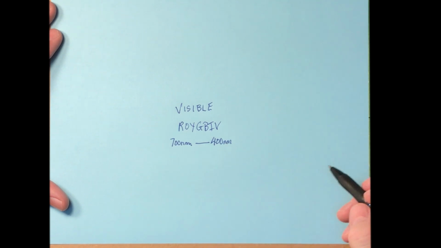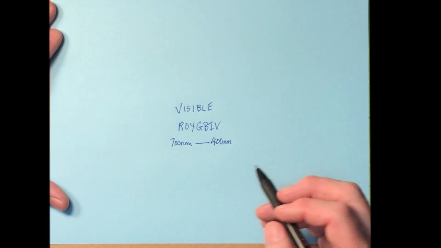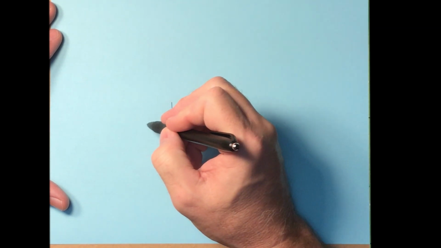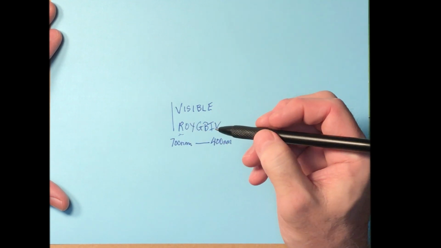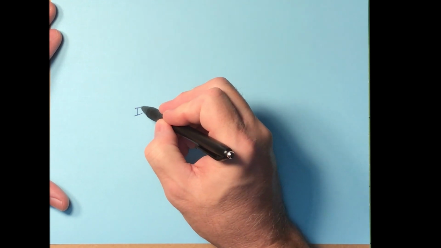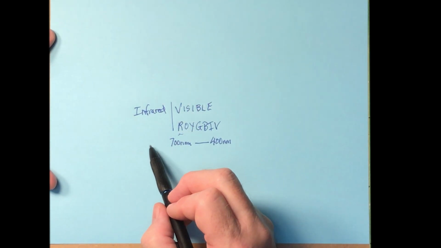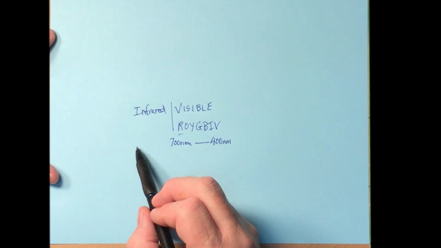Now, the electromagnetic spectrum does not stop here. It goes on. For example, past the red over here, there is the beyond the red part of the spectrum, and that is called the infrared. The infrared has longer wavelengths, and you can tell the wavelengths get longer as you go to the left here.